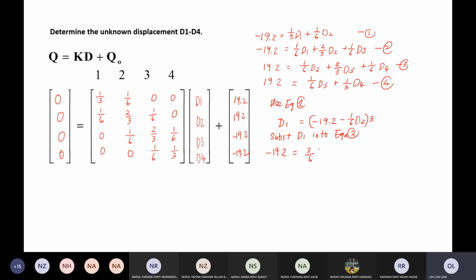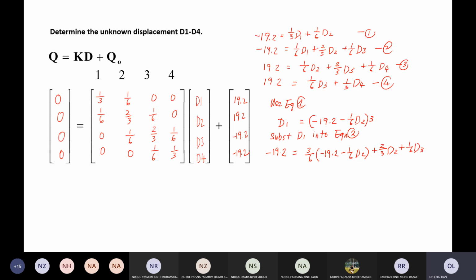So D1 will be equal to negative 19.2 minus 1/6 D2, plus 2/3 D2 plus 1/6 D3.